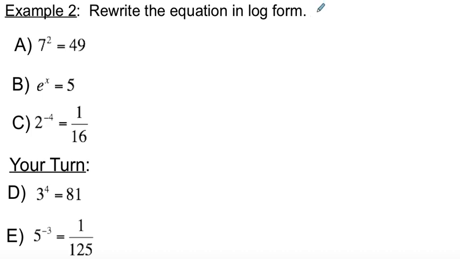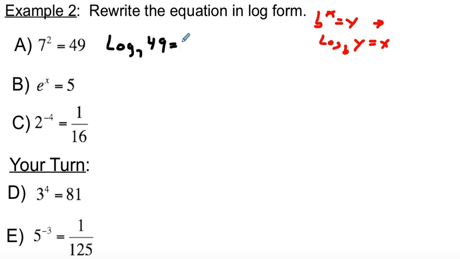So if I write that down, b to the x equals y, the equivalent logarithm there is log base b of y equals x. So over here, 7 to the second equals 49. The log base, that's subscript down there, of 49 is equal to 2.